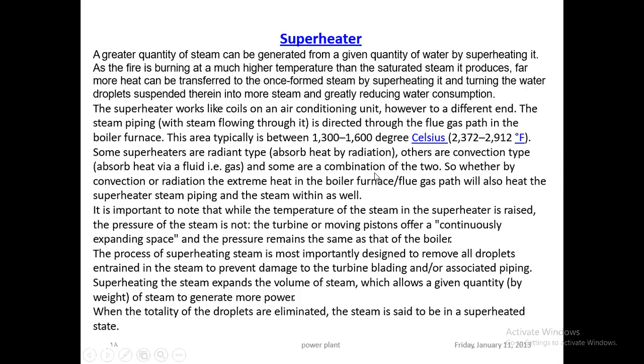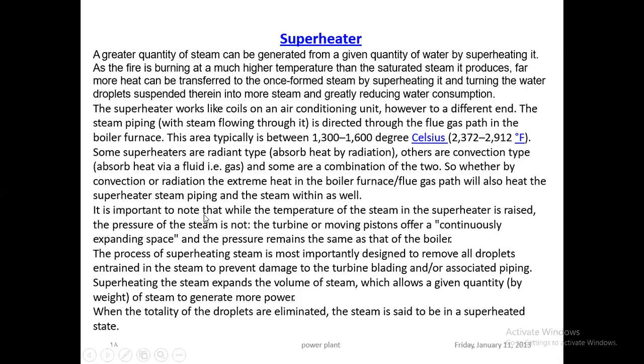And some are combustion type, meaning they combust or burn fuel to produce superheated steam. So whether by convection or radiation, these are the types of heat. The extreme heat in the boiler furnace flue gases path will also heat the superheater steam piping and the steam within as well.